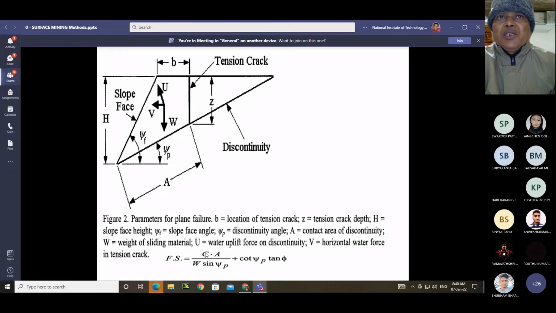C is the cohesive force. Every material has cohesive force. A is the area of the discontinuity plane, divided by W, the weight of the material, sin psi p plus cot psi p into tan phi. So this is the way you have to calculate the factor of safety.